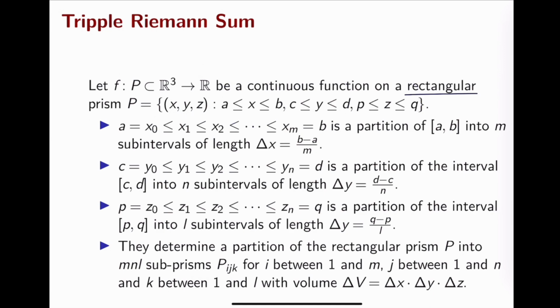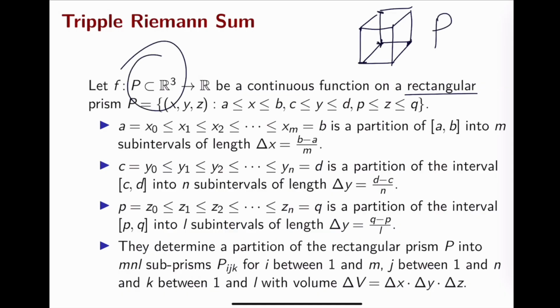So a prism P is going to look like something like this, where the x varies between A and B, the y varies between C and D, and the z varies between P and Q. So at the end, this is how the domain of this function looks.